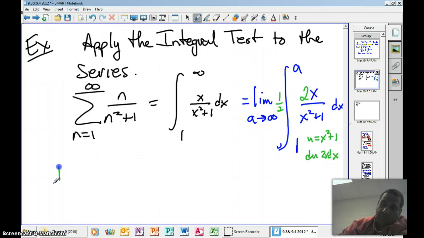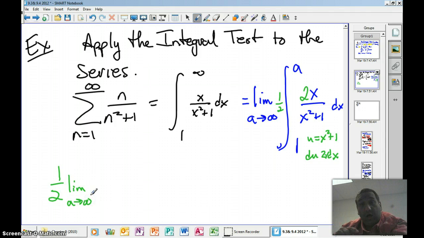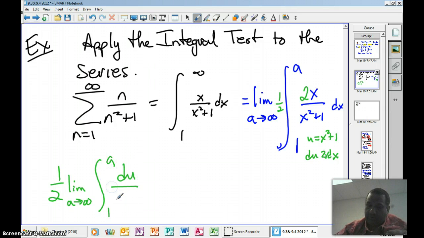So we're going to get 1/2 the limit as a approaches infinity of the integral from 1 to a of du over u, or u to the -1, if you will.